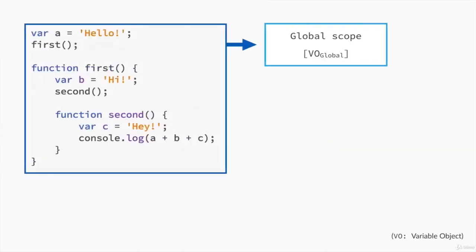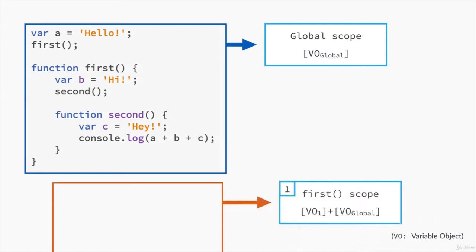So here we have some more demo code. In blue, we have the global scope, which is a scope that is accessible from everywhere, from all functions. Like the global execution context, you can think of the global scope as the default scope. So in this scope, we have access to the variable a and also to the first function.